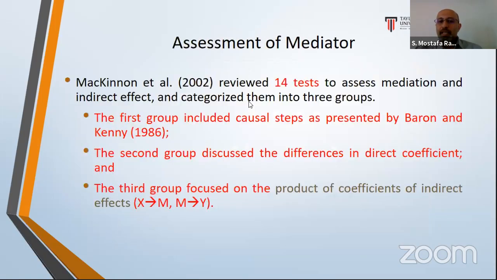So in the first group, we assess some steps, causal steps like Baron and Kenny. In the second group, we assess C minus C prime. And in the third group, we assess significance of AB, significance of the indirect effect. Under each group, we have several methods.